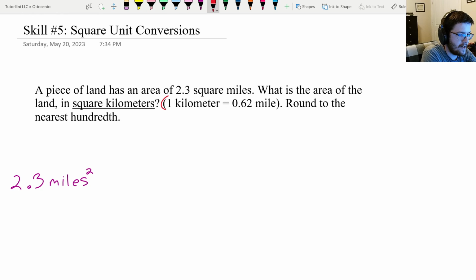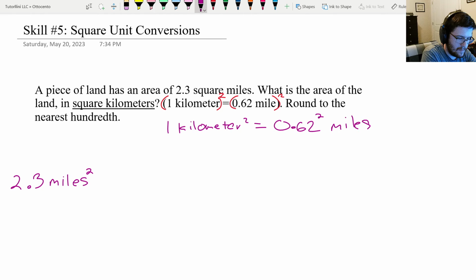We're going to square both sides of the unit conversion. And we get 1 squared, which is just 1 kilometer squared, equals 0.62 squared miles squared. And now that's going to be our unit conversion.